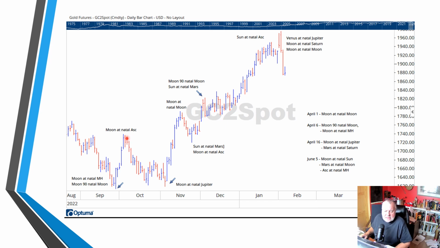Moon passing the 1974 natal ascendant put the brakes on that rally, and down we come again. We eventually find some support in early November as Moon is passing natal Jupiter, and the price rallies. The rally stops at Moon passing natal Moon, and then we decline a little bit and we carry on.